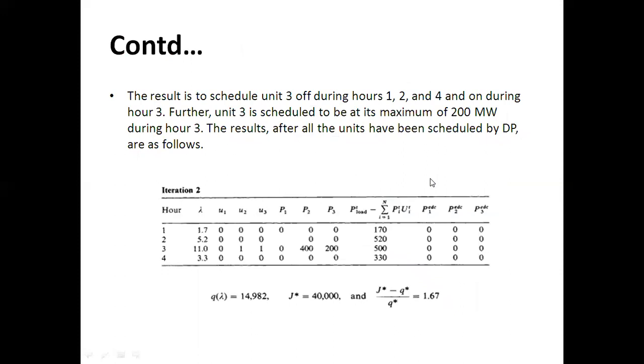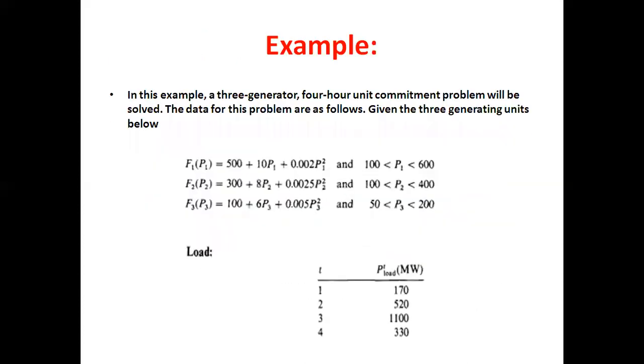So let us first concentrate on that calculation. When unit 3 is off, we calculate Fp minus lambda p for unit 3 at t equal to 1, the first hour. From that particular equation, the minimum generation capacity of unit 3 is 50, that we have seen.